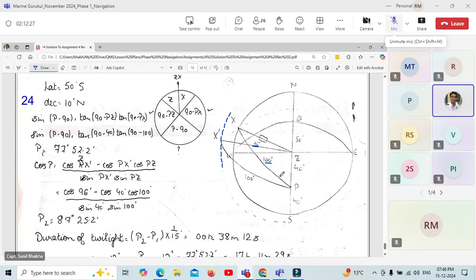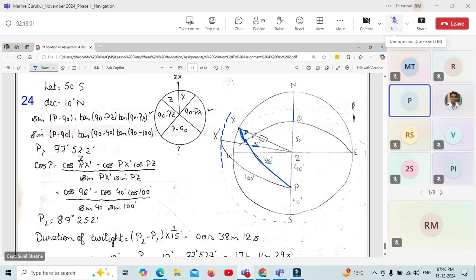Look beta, the declination of the Sun is north. Correct, sir. The declination is north, that is why we have made the declination circle north of the equinoctial. Now from the pole, if you go up to the equinoctial, up to here, it is 90 degrees. And from the equinoctial up to the declination circle, this is equal to the declination. So this side PX will be 90 plus declination.